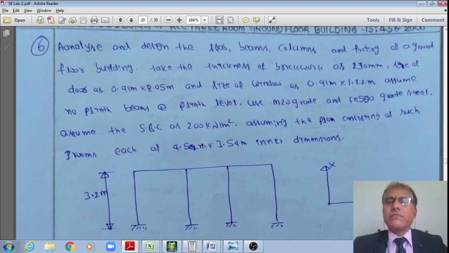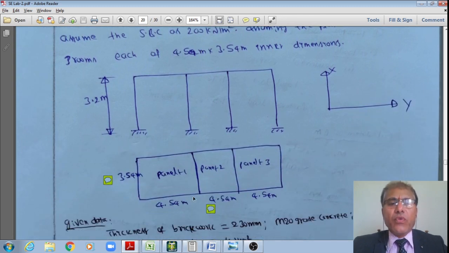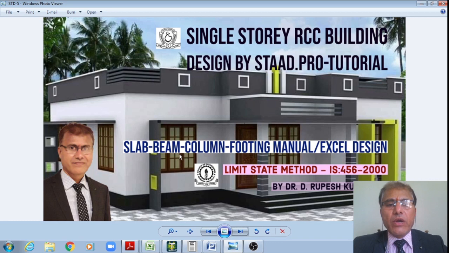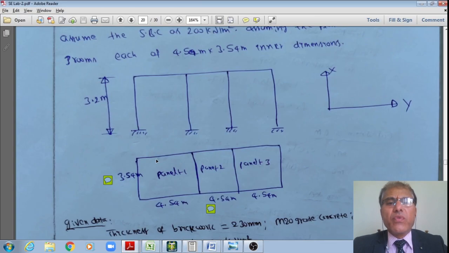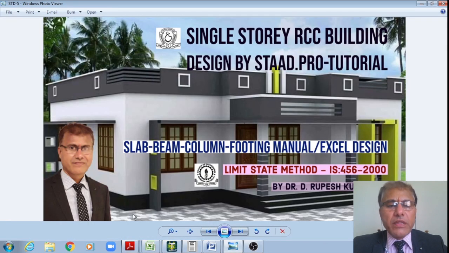Now assume the plan consisting of 3 rooms, each of 4.54 meter by 3.54 meter internal dimension. That is how I have 1 plus 1 plus 1, 3 rooms, each of 4.54 by 3.54, right?